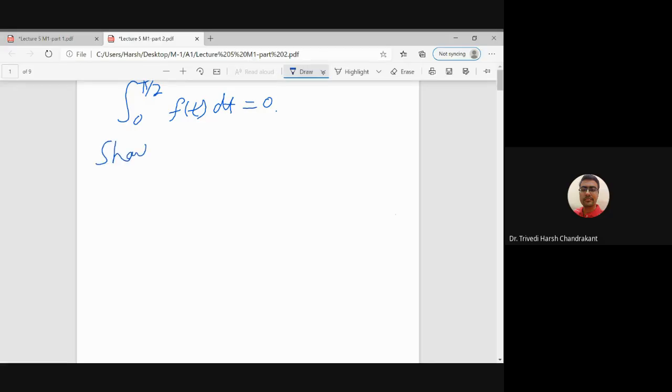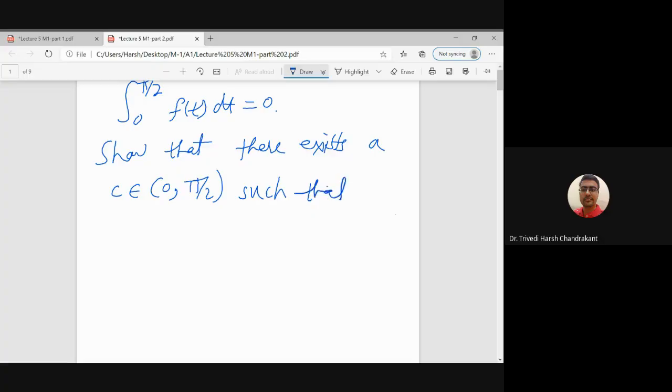So then we want to prove that there exists a positive number in the open interval such that f of c is equal to 2 cosine 2c.